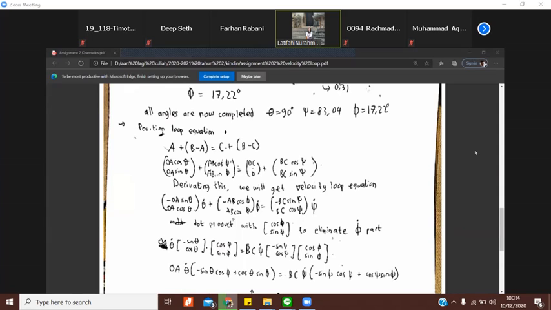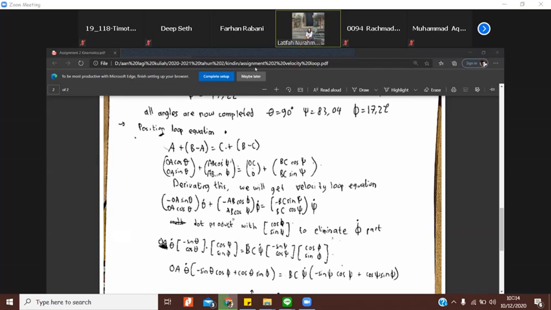Vector C and vector BC, this is also correct. And then you derived it with respect to time. Only a small mistake there. Theta dot plus AB, is it cos or sine? Because both are cos and sine.